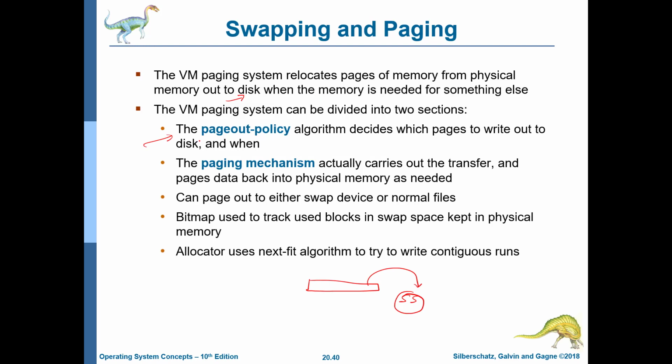So there are two main mechanisms, the page out policy. This algorithm will decide which pages to write out to a disk, and this will of course depend on a priority mechanism of processes and their data and so on. Then there is the actuating mechanism known as the paging mechanism, which is going to actually carry out the transfer, right?